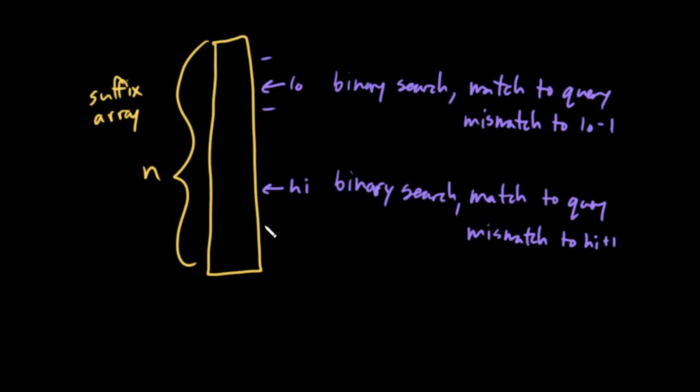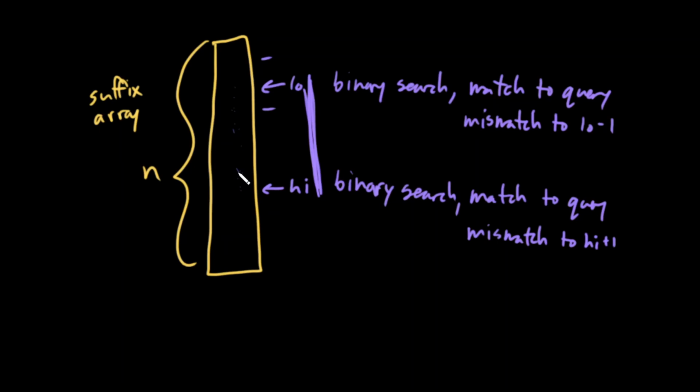In other words, I'm doing a binary search looking not only for a match, but specifically for a match such that immediately after it, I have a mismatch. This will give me my precise range of matches.